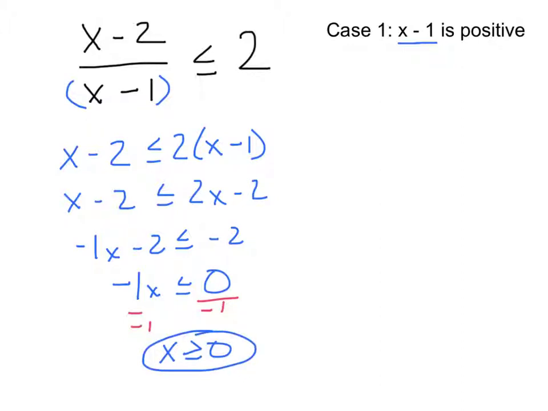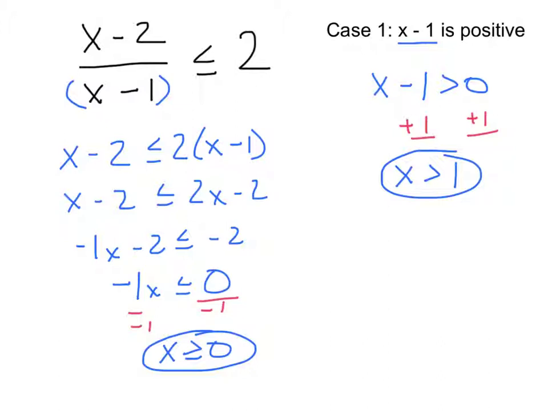Now, remember that we said x minus 1 is positive. That is also a constraint. That means x minus 1 is greater than 0. And in this case, I add 1 to both sides. And so x is greater than 1.